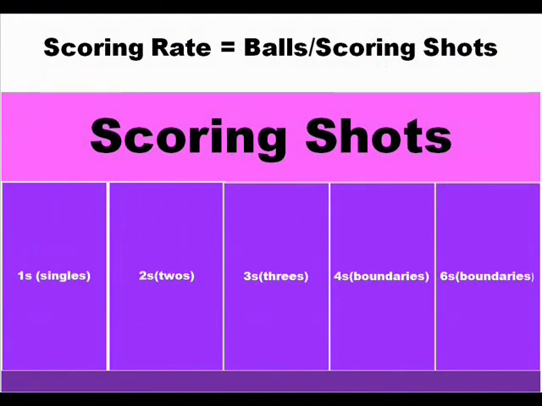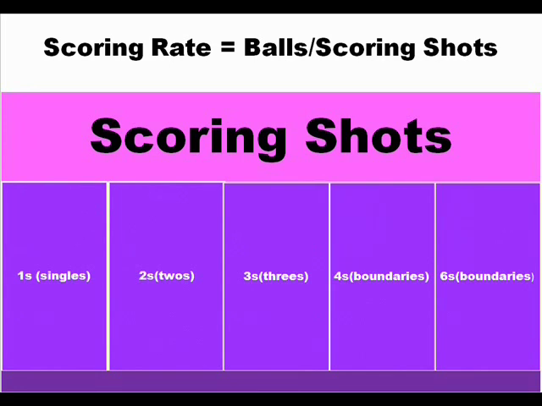Scoring rate. Balls divided by number of scoring shots played. In this, a batsman's hits are counted and not the value of his shot. And a scoring shot is singles, twos, threes, boundaries, and so on. Hence, in a cricket match, this is the most accurate indicator for both batting and bowling.